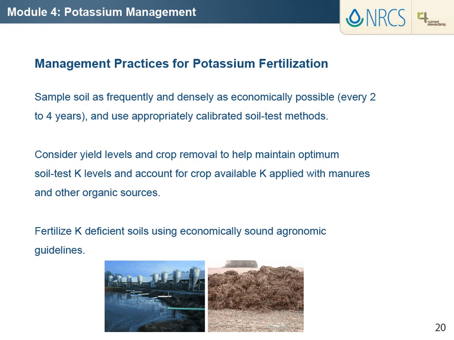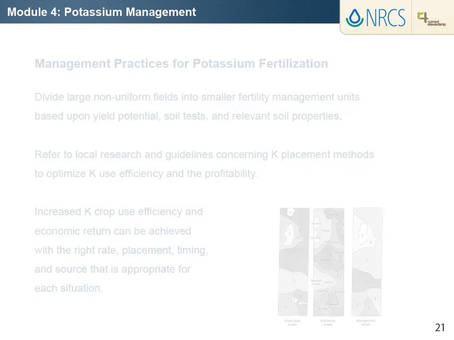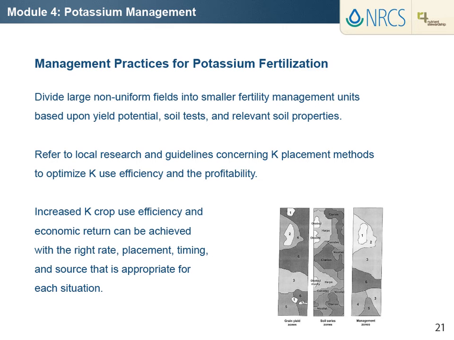Fertilize potassium-deficient soils using economically sound agronomic guidelines. In general, soils testing high or very high will not respond economically to additional potassium and should not receive fertilizer except for a small amount of starter fertilizer in certain specific conditions. Divide large, non-uniform fields into smaller fertility management units based upon yield potential, soil tests, and relevant soil properties.